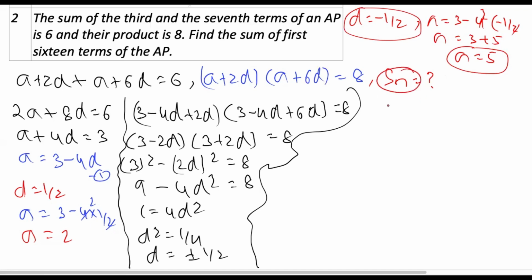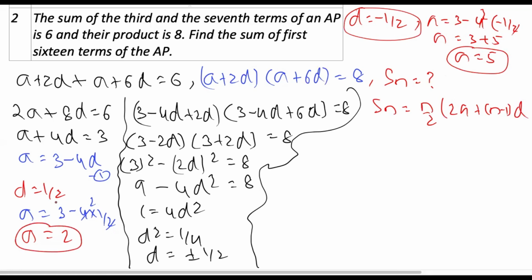Now, as you know, we have to get Sn. For that, I'll be applying the formula. Sn is equal to n over 2 bracket 2a plus (n minus 1)d. Now in the first go, I'll be taking a as 2 and d as half.